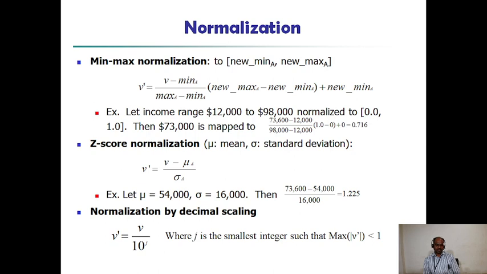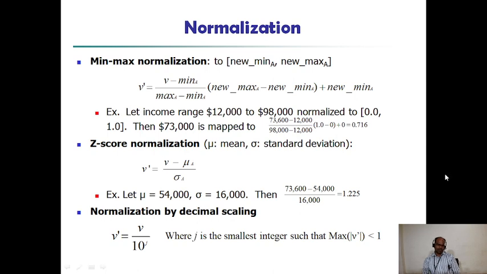For example, in min-max normalization, consider an example. The income range is $12,000 to $98,000, and we have to normalize this into the scale of 0.0 to 1.0. Suppose somebody has $73,000 as an income, and we have to normalize it within the scale.